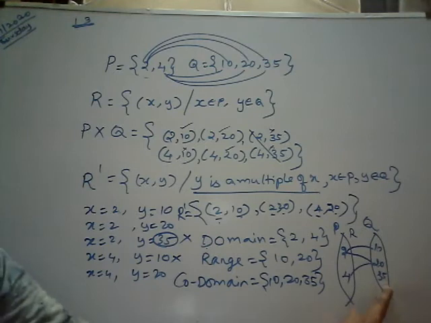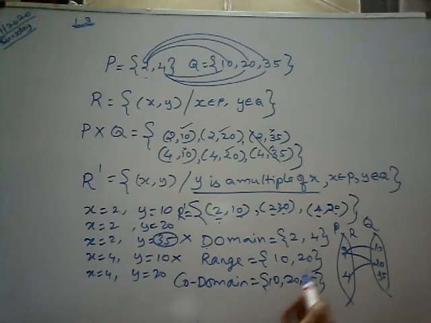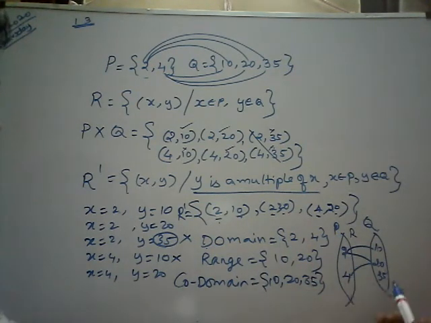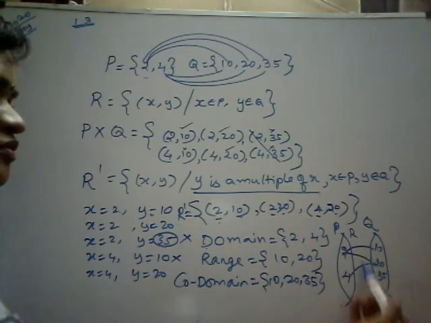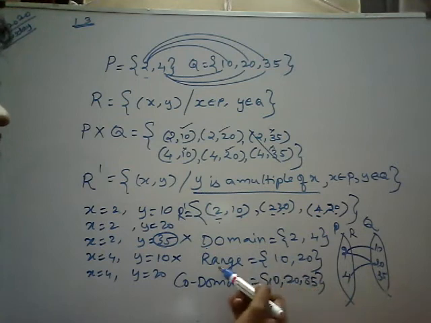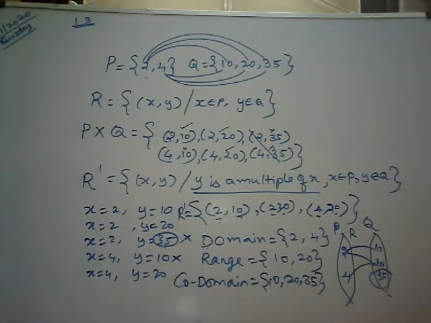Is it clear? The whole set Q comes under the codomain, the whole set P comes under the domain. Every element of P will be paired one way or the other. The unpaired element, this 35, comes under the codomain.